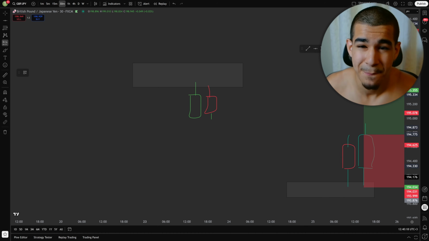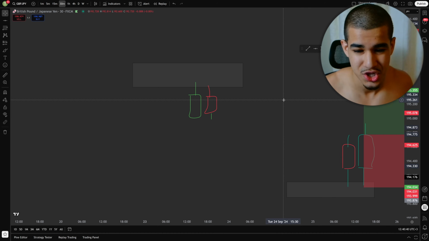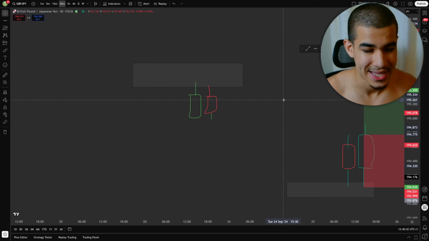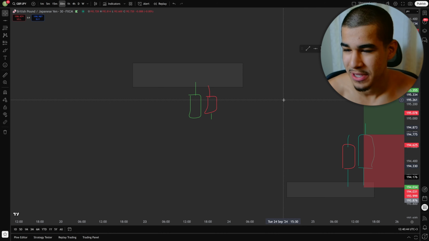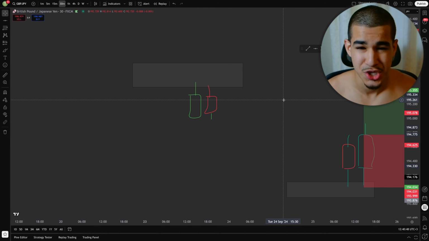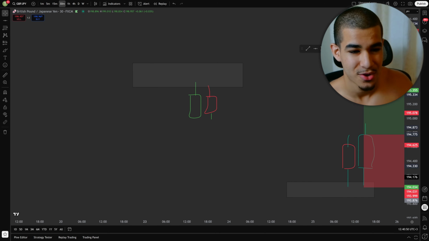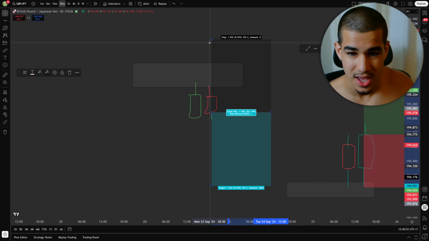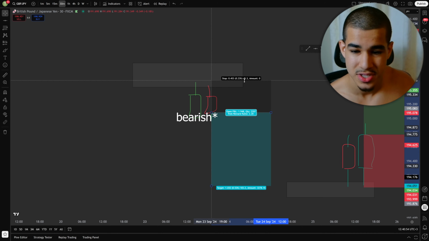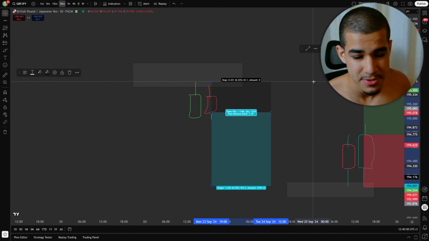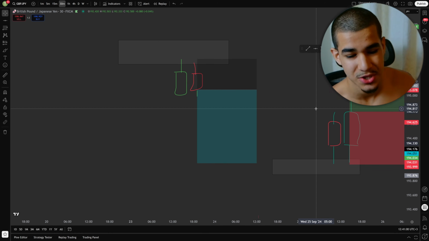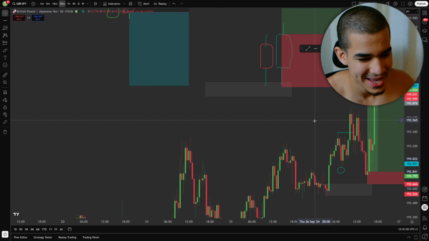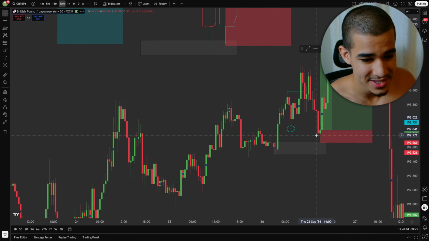The reason for that is because you would have such a low win rate if you entered as soon as it taps the zone, because come on, it could just burst through the zone on the next candle. So you would enter right here as soon as that bearish candle closes, 1 pip above the deepest wick that went into the supply zone. I just fumbled it, but as you can see, this is a directional close.